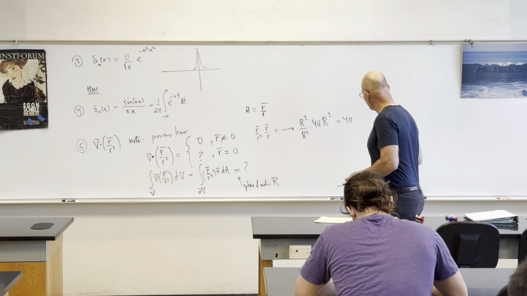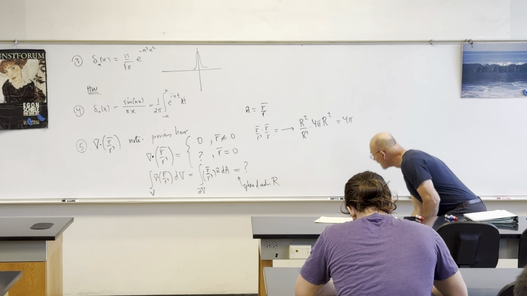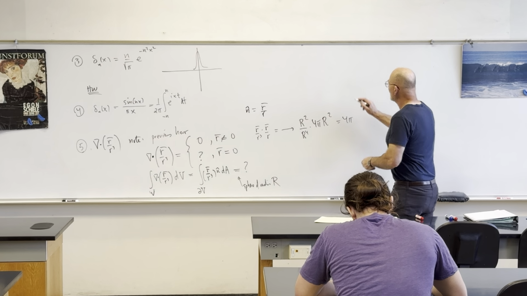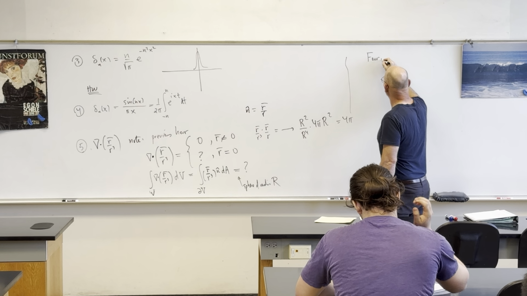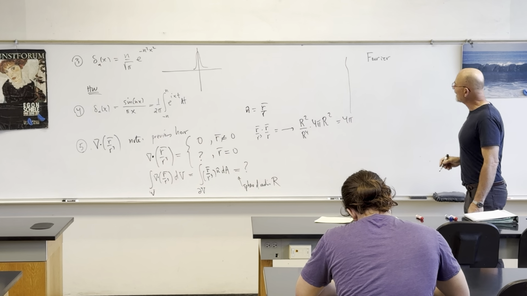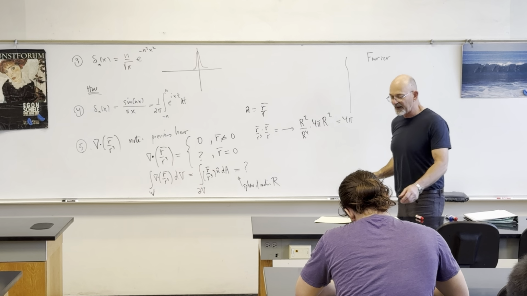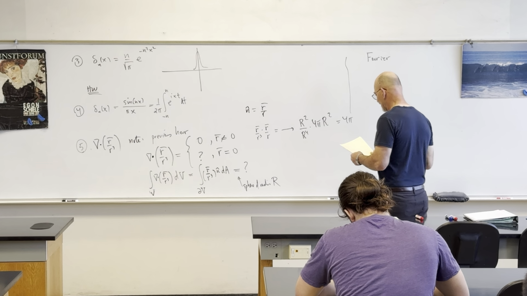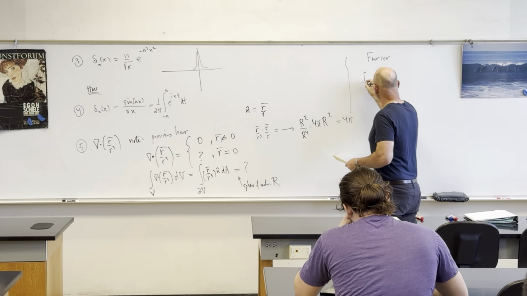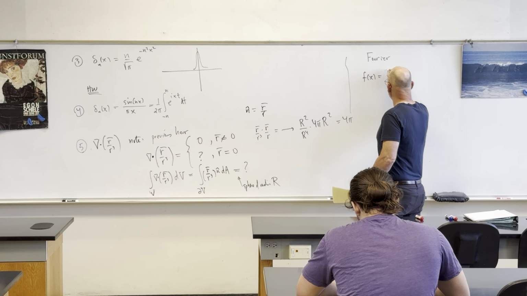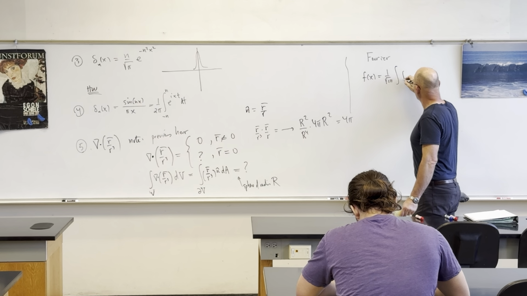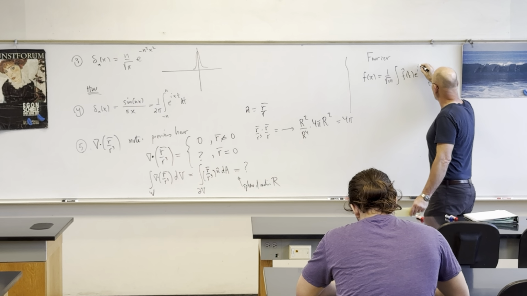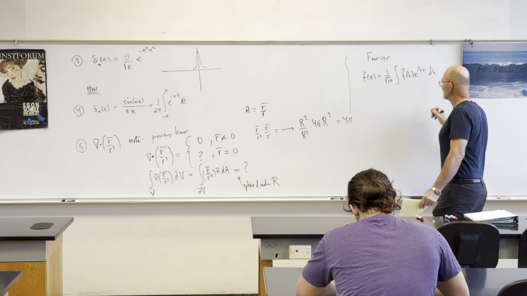the whole Fourier transform, so let's just write our definition down and see what happens here. We have f of x equals 1 over root 2 pi integral of f hat of k, e to the i k x dk.